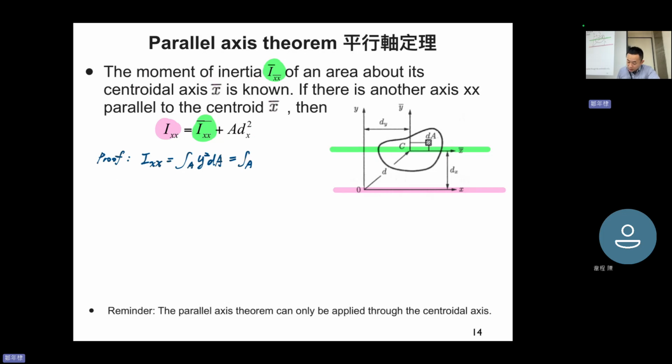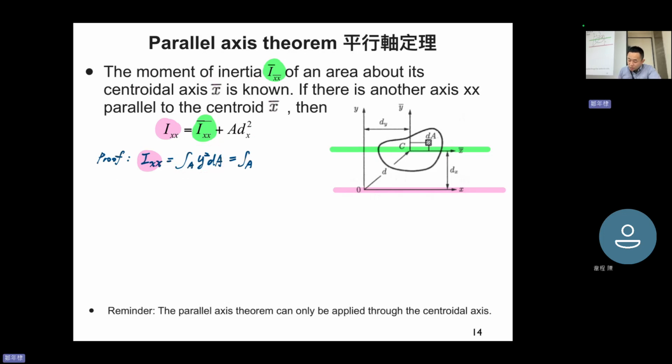So you see our Ixx here is actually what we want. What is it that we want? The axis, the coordinate we set arbitrarily by ourselves. Okay, so the Ixx definition is this.